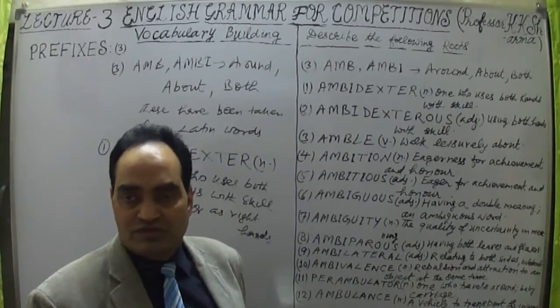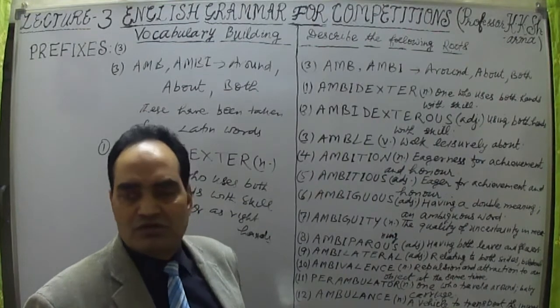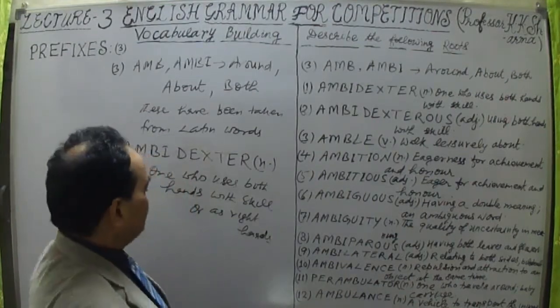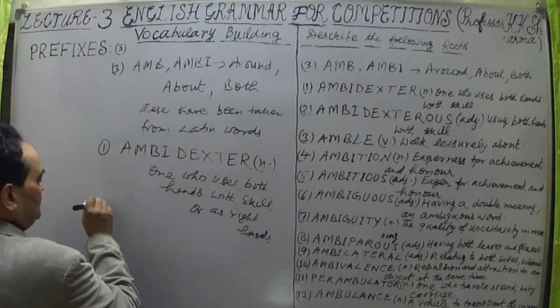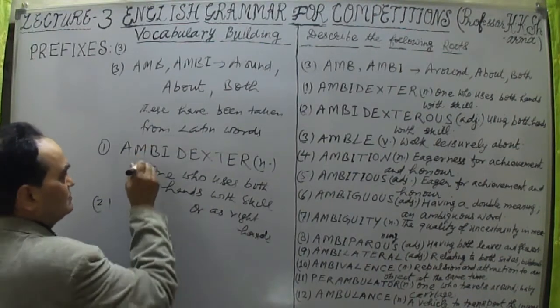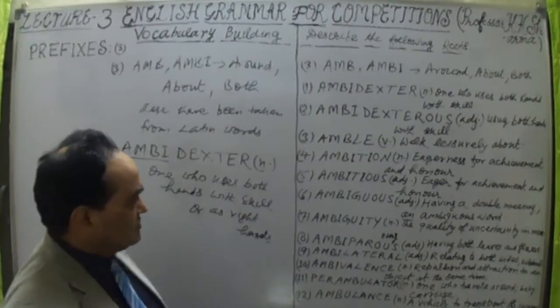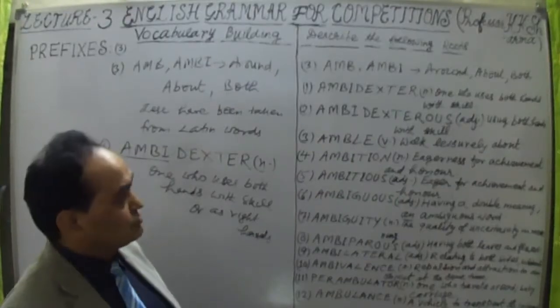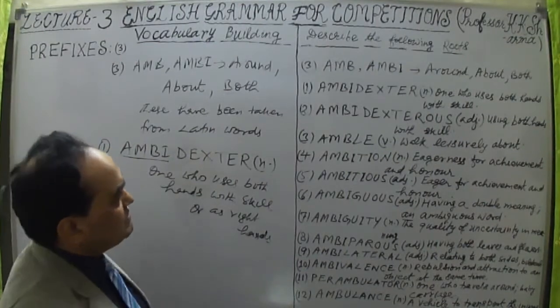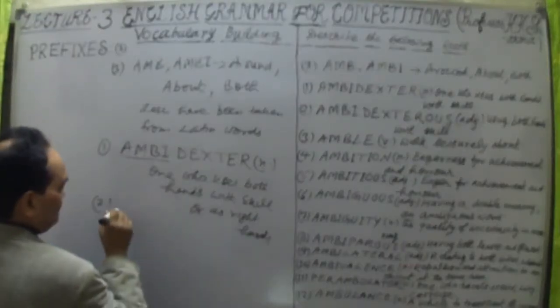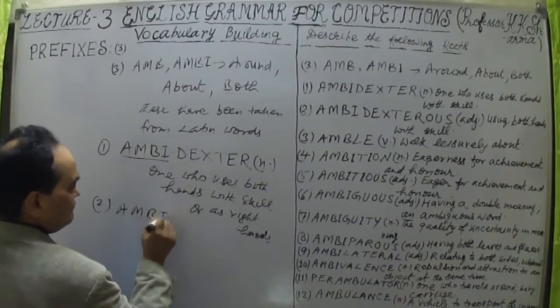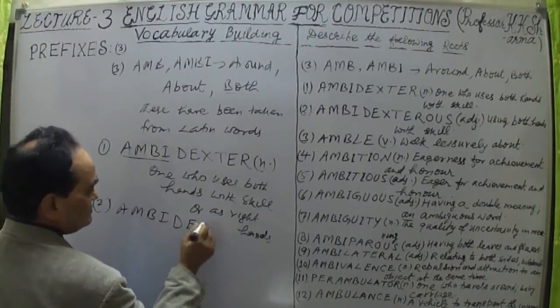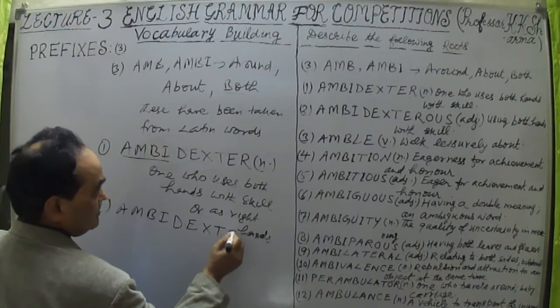Both hands are used with skill, with quickness, with smartness. That is how that person is known as ambidexter. Ambi means both in this case. So both hands together. Then ambidextrous, adjective again: A-M-B-I-D-E-X-T-E-R-O-U-S.